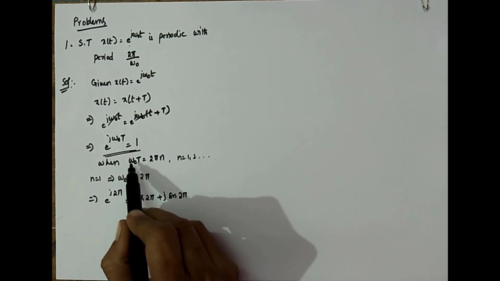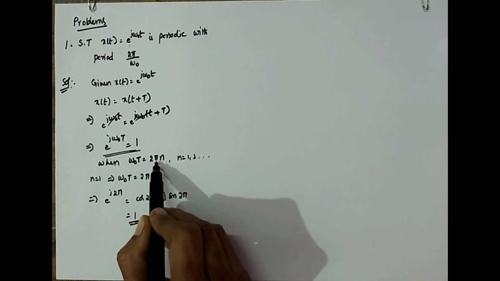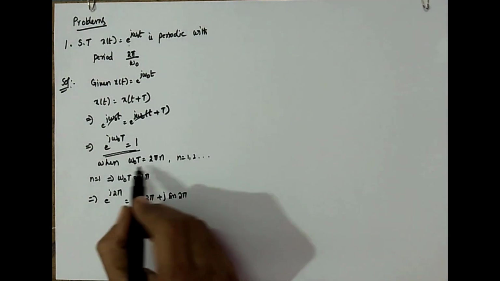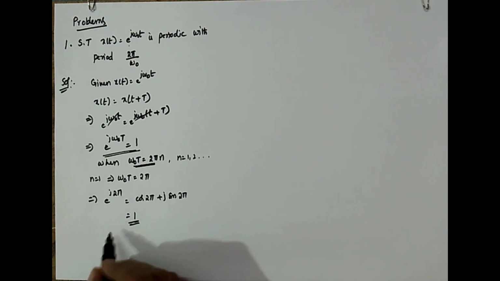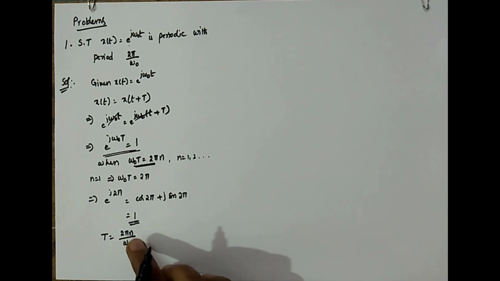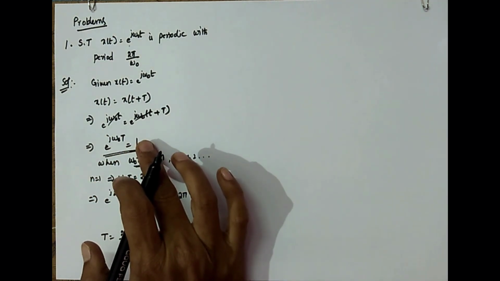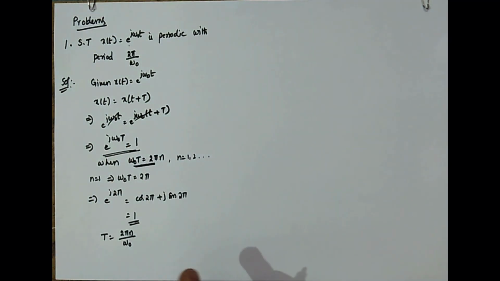So we can say when omega naught T is a multiple of 2 pi, then the given complex exponential signal is periodic. From this, what is T? T is equal to 2 pi n by omega naught. When n is equal to 1, we already proved that e power j omega naught T equal to 1. This is from the periodicity condition.